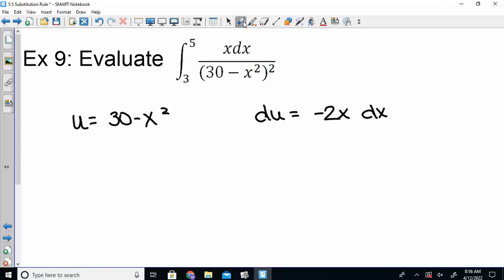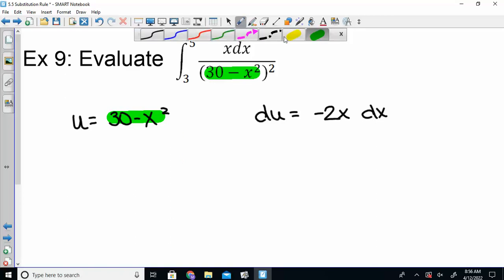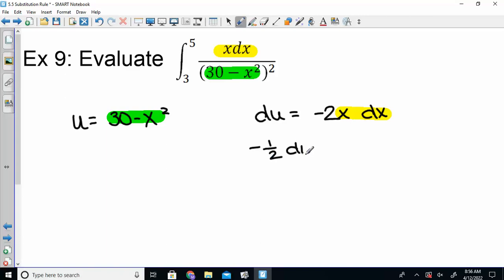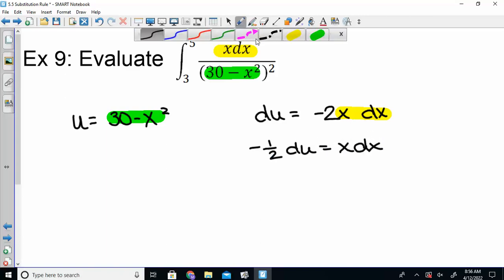So if I am looking at this right now, the 30 minus x squared, that becomes my u. But then all I have left is an x dx, which is only this part. What should I do with that negative 2? We can divide that over, so we get negative 1/2 du is equal to the x dx.